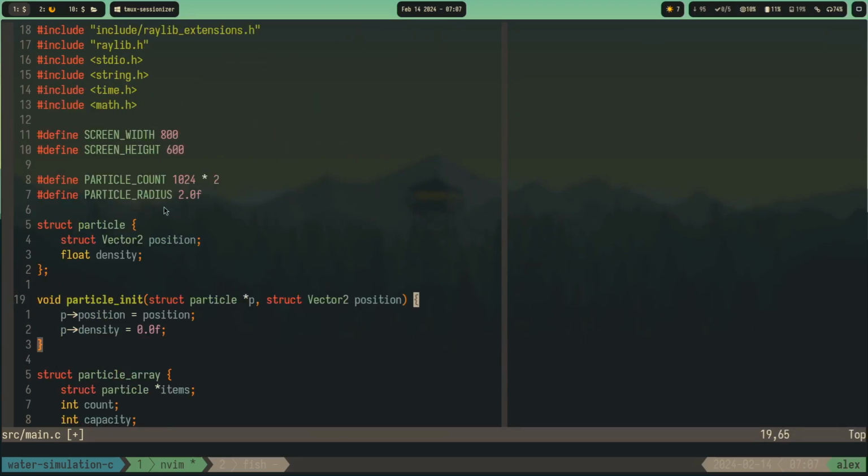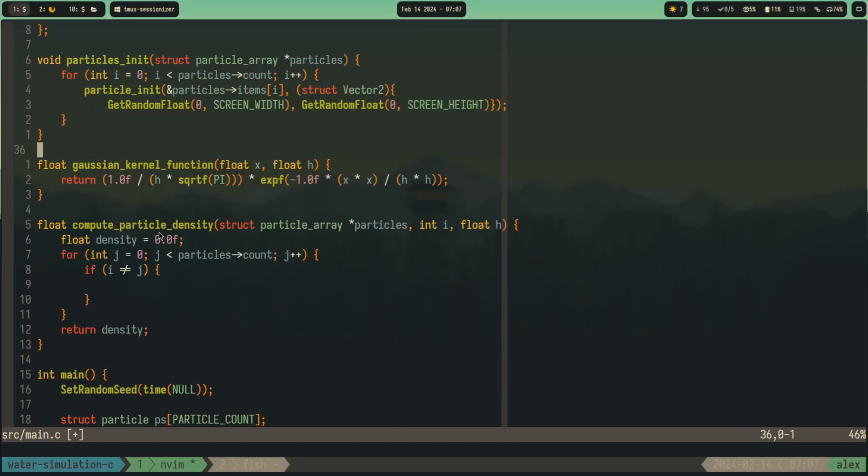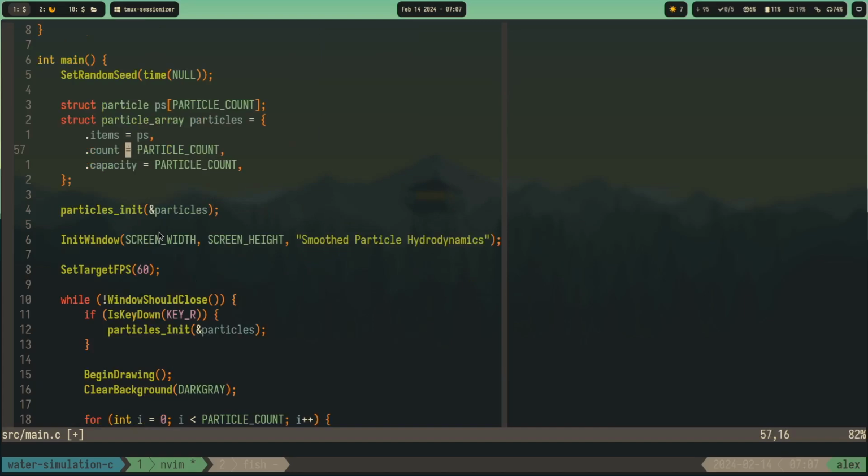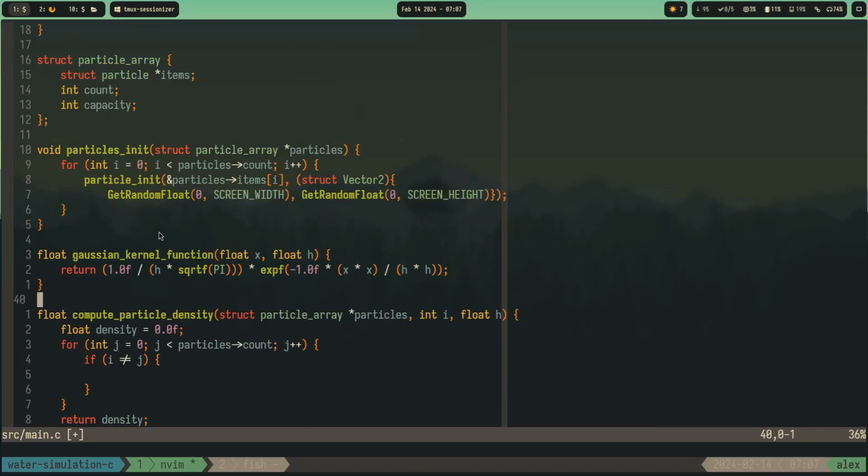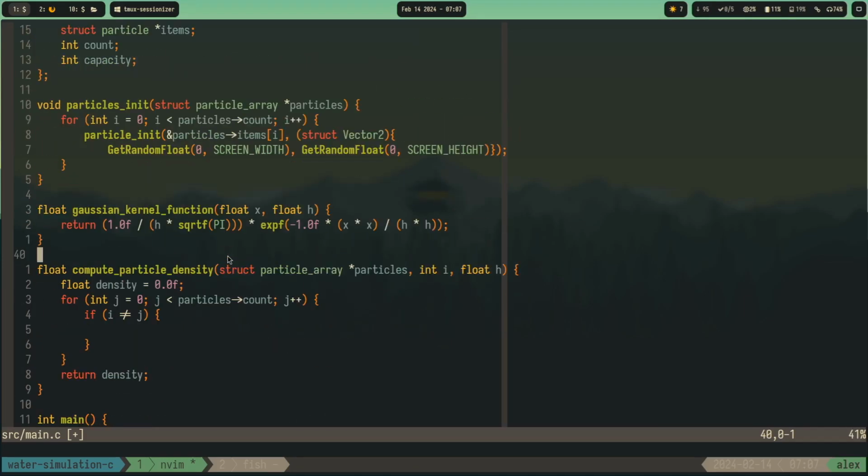So I was maybe thinking to have another structure for, let's say, the simulation config or something, so we could easily change the configuration. Right.